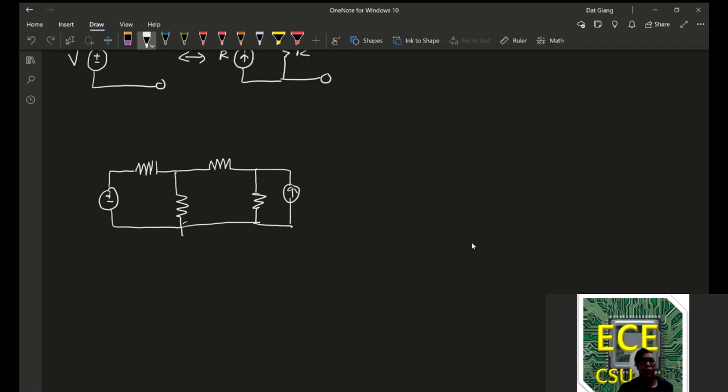And I ask, what if you wanted the voltage drop across here? So V out. And let's use simple numbers. 1, 2, 3, 4. For voltage, I'm going to go with 12 volts. For current, I'm going to go with 0.2 amps, just to make some logical numbers. But the resistors are still illogical.